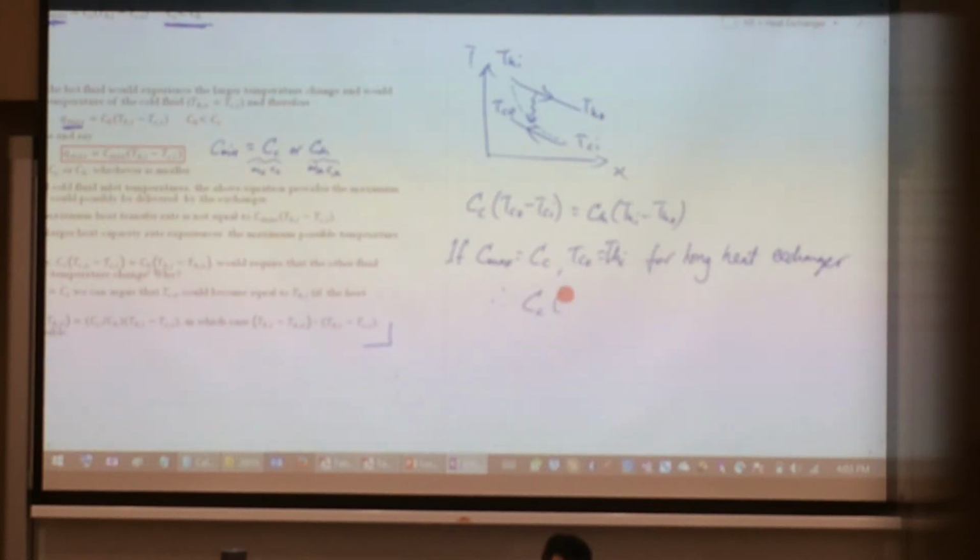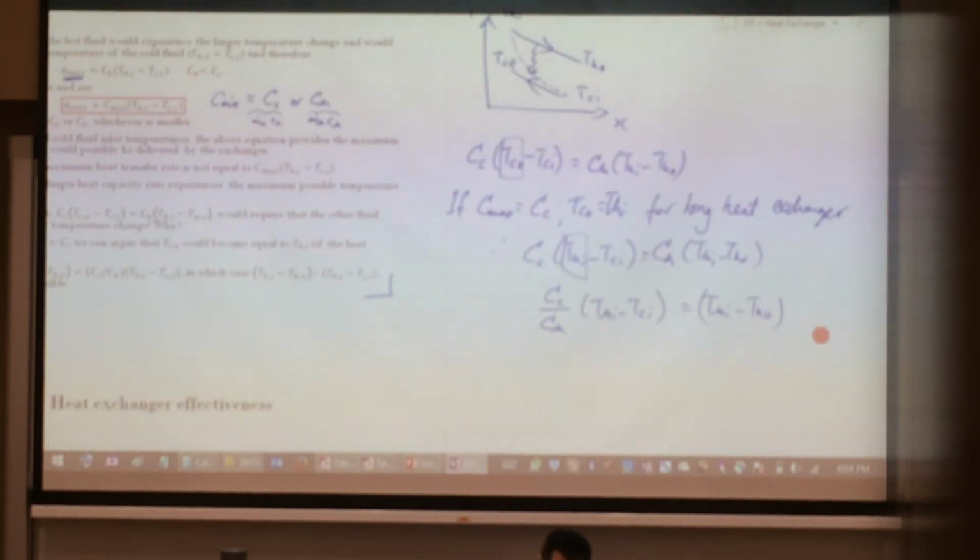So Cc multiplied by Thi minus Tci becomes the heat transfer rate. So you could see that this term now tends to this term over here. And if I take this fraction, Cc divided by Ch, equal to Thi minus Th naught, just bringing this over to the left-hand side.